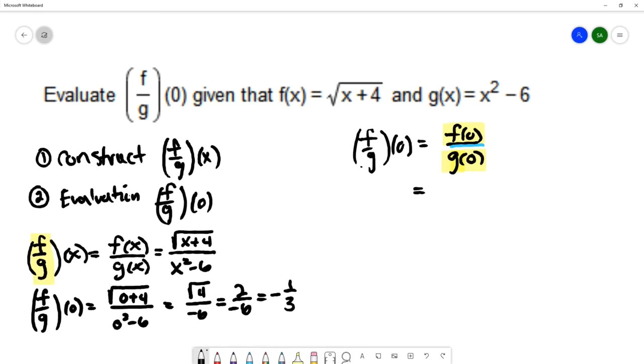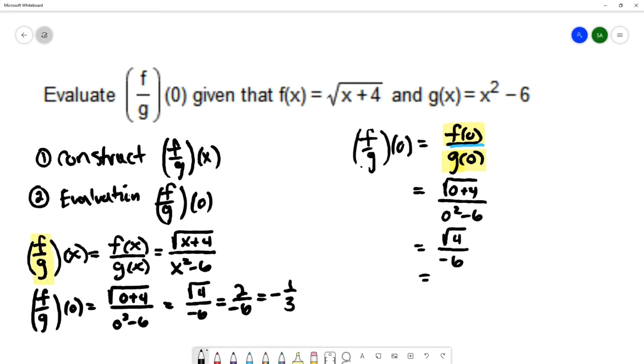So f of 0 is square root of 0 plus 4. G of 0 is 0 squared minus 6, and I've written them in the numerator and denominator because I intend to divide them. So that gives me square root of 4 over negative 6.